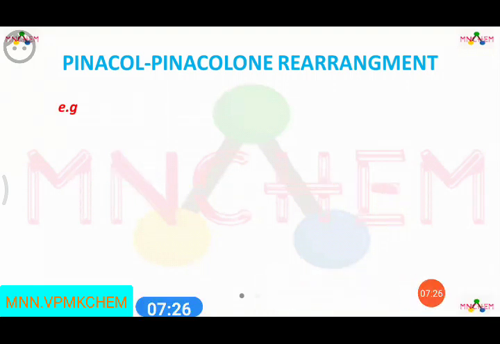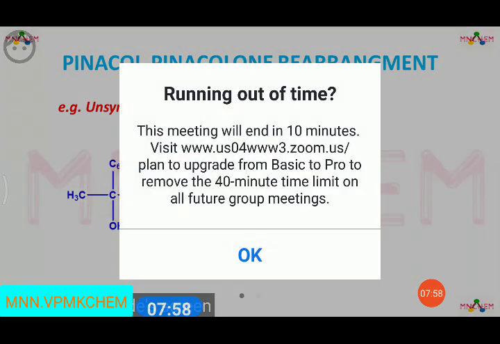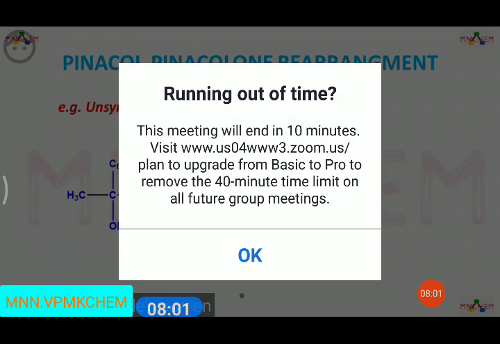Next example, when we have unsymmetrical pinacols. Now here we have a different situation, and different things need to be considered. For example, if we have a 1,2 vicinal diol which has these 4 different substituents, these unsymmetrical pinacols after rearrangement can result in 2 different pathways. Depending upon the pathway they follow, we can write 2 different products.